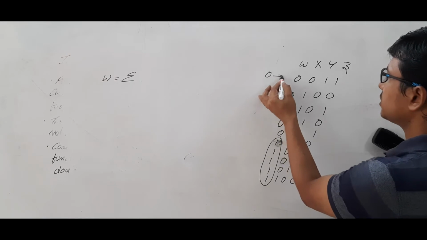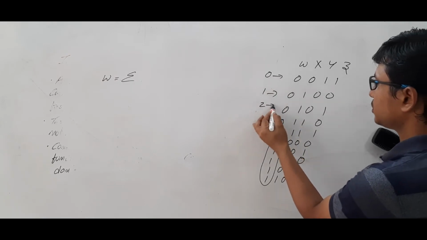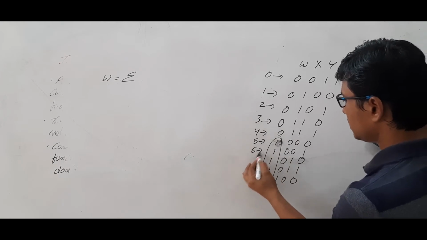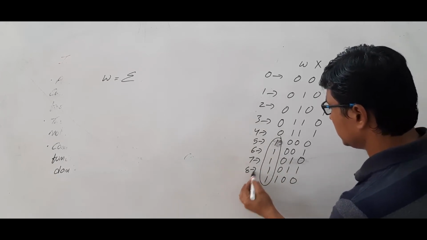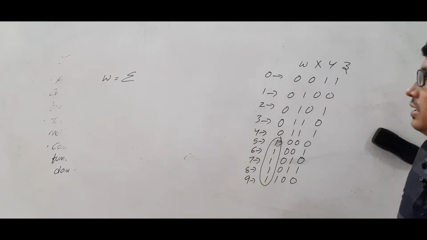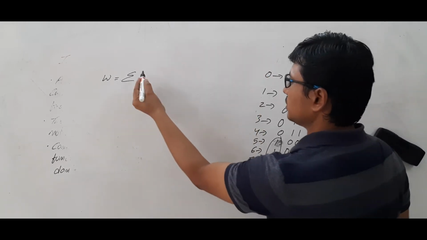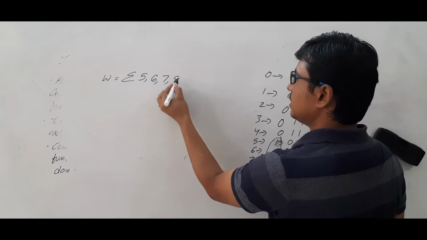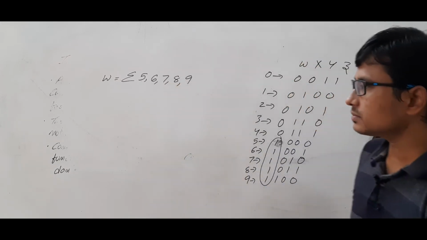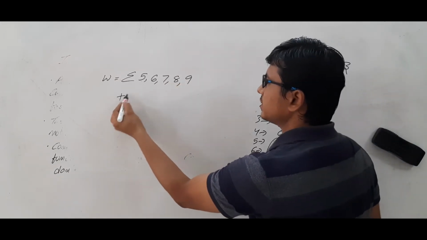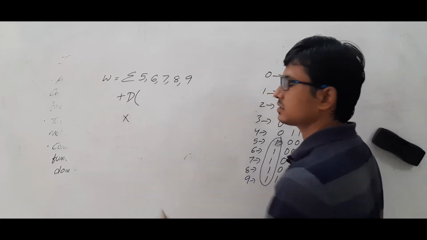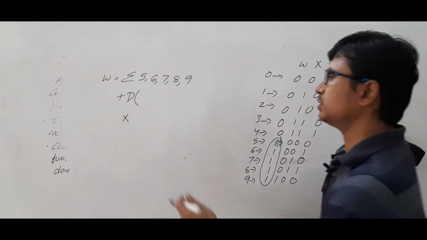For 0 you got this output, for 1 you got this output, 2, 3, 4, 5, 6, 7, 8, 9. So in the sum of products of this function you will have 5, 6, 7, 8 and 9. Then the don't cares can be represented as a D, or some people represent them as X. Any representation you can use.